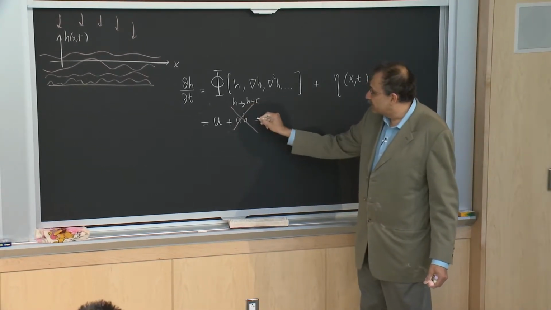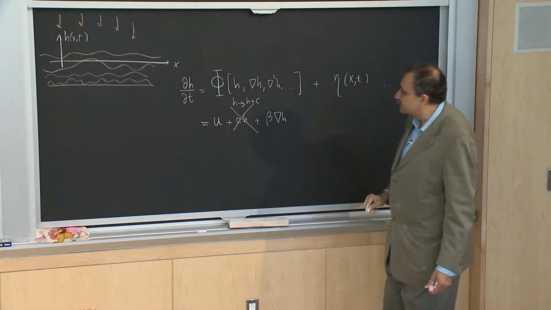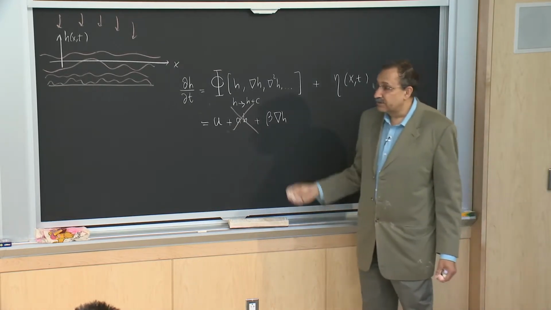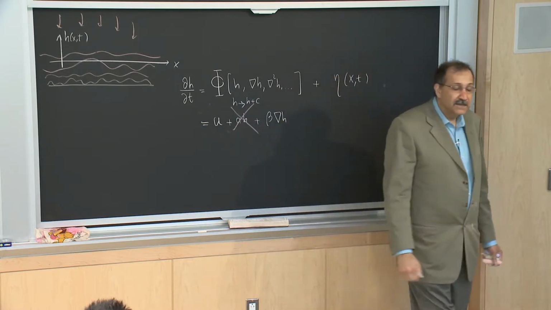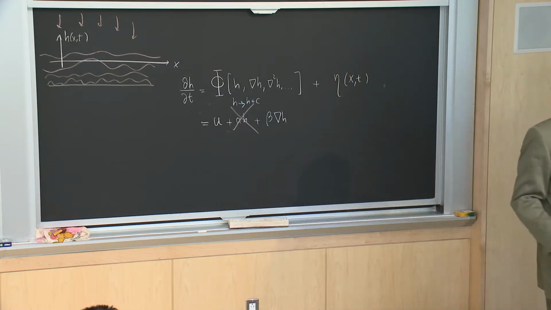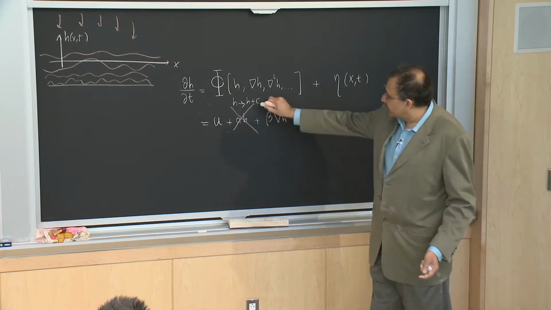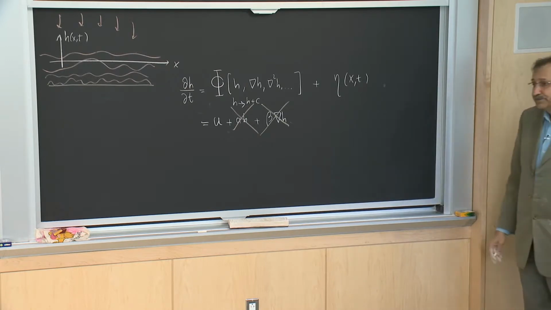And any function of h, can I put something that is proportional to the gradient of h? Maybe for something I can, but for h itself I cannot, because h is a scalar and the gradient of h is a vector. I can't set something that is a scalar equal to a vector, so I can't have this. Right? Yes?